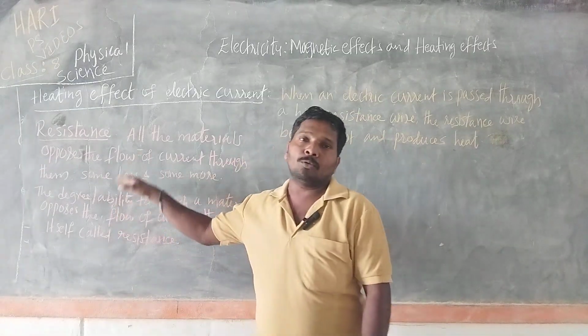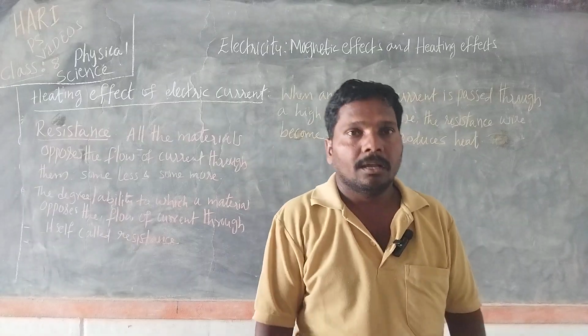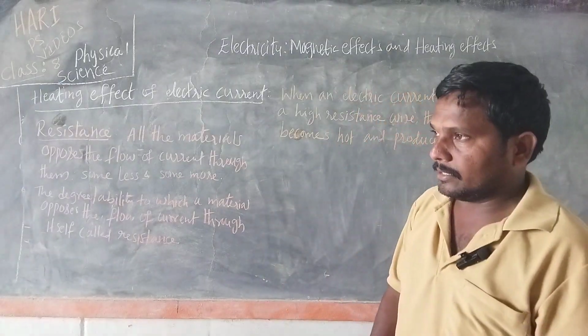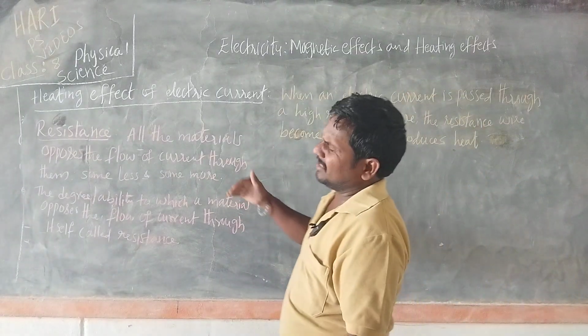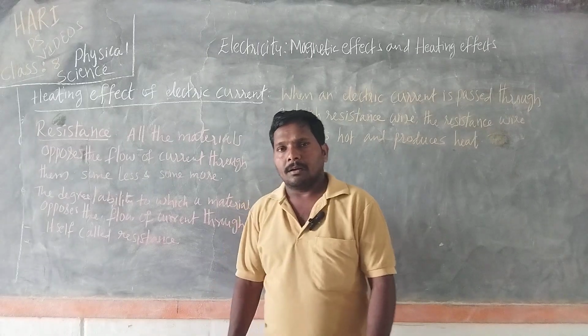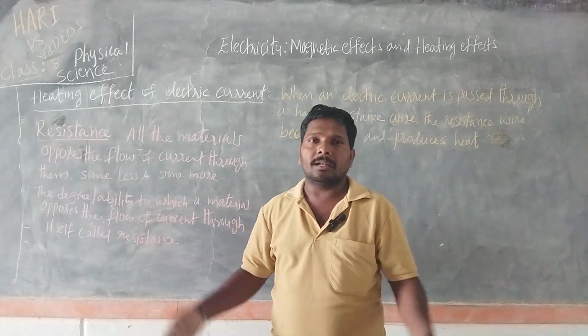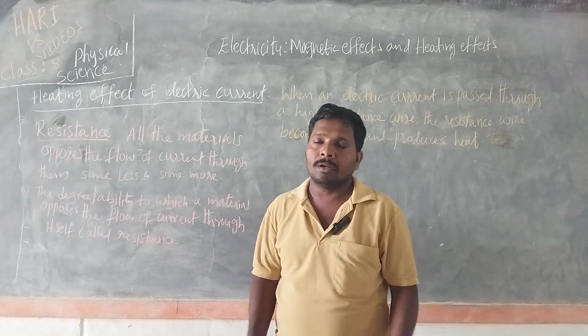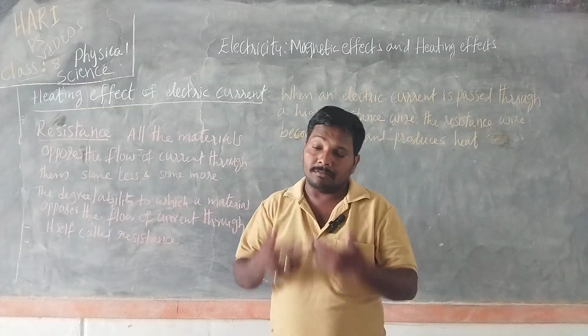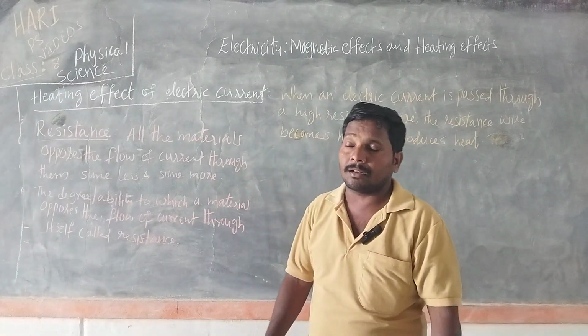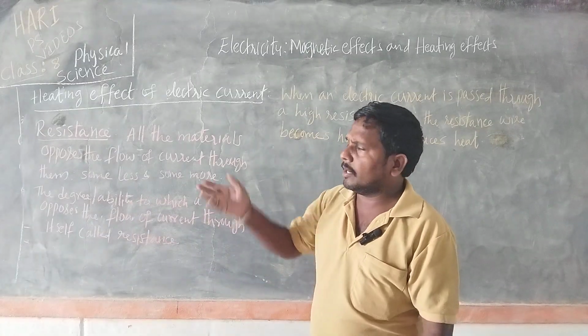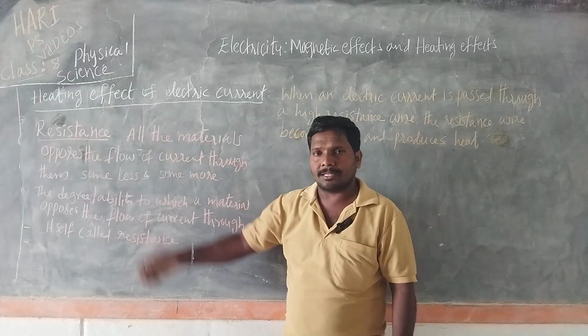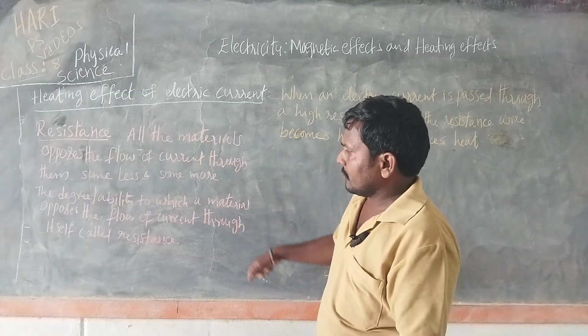We will learn more about this resistance in class 10. The resistance depends on factors such as the nature of the material, temperature, area of cross section, and length of the conductor or wire. We will learn more in class 10, right?